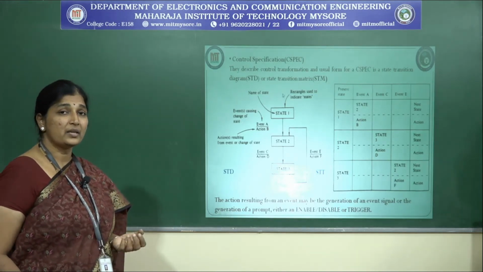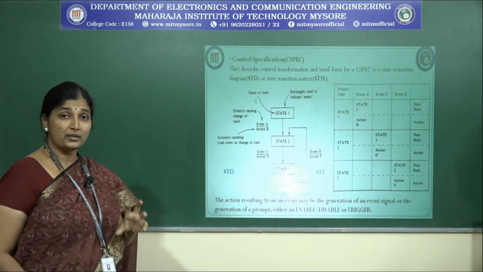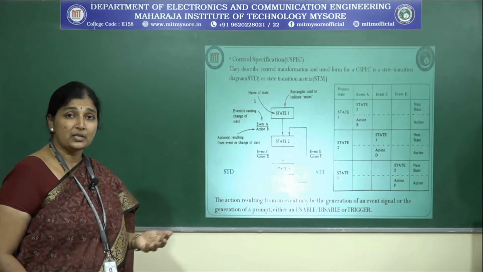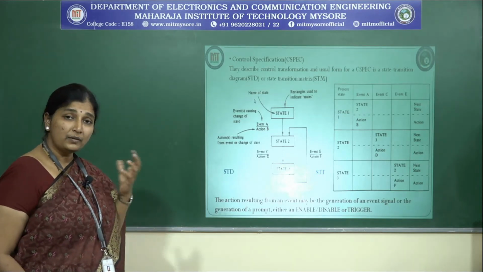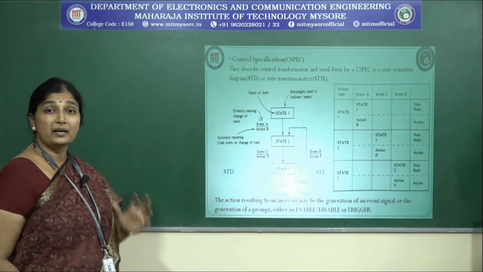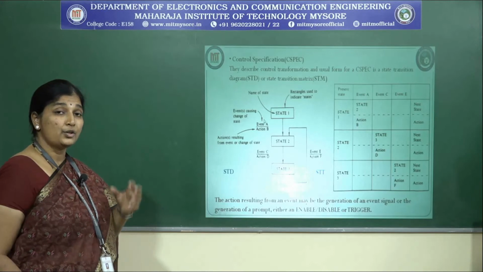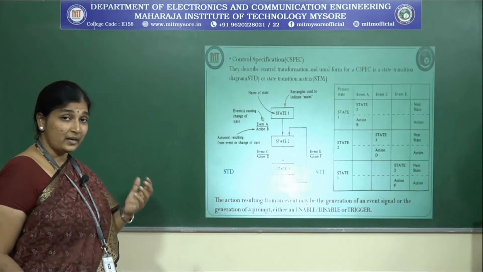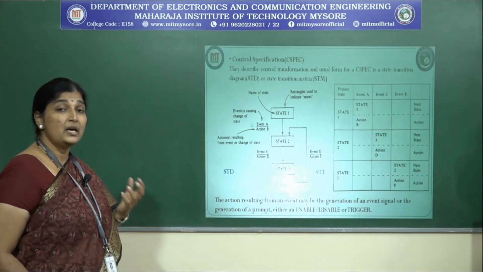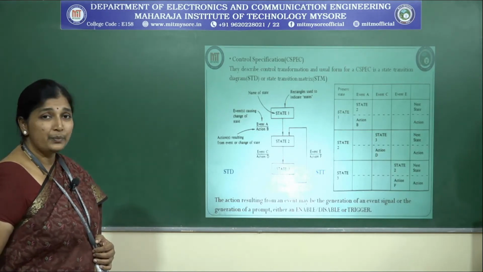From one state to another state, what is the transition that is happening? Related to whatever transition is happening, you have a relevant matrix for a better understanding of what is happening inside the process. So you have an STD, the state transition diagram, and a state transition matrix. Let us take a simple example here.